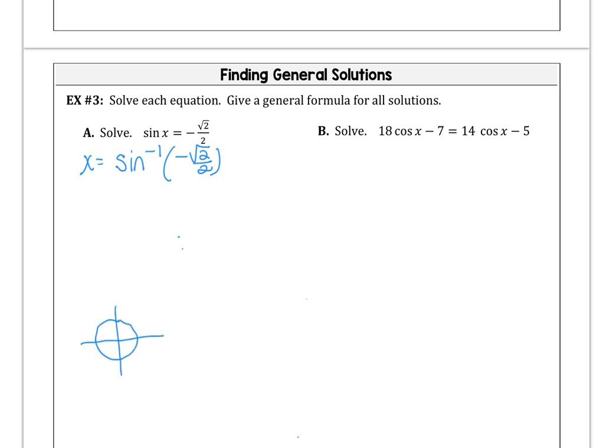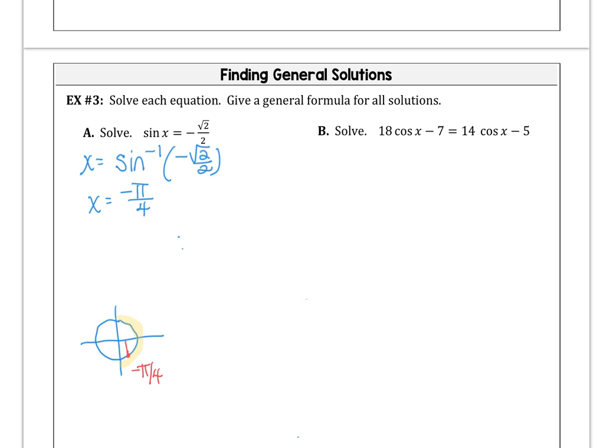We can only think about sine inverse between negative pi over 2 and positive pi over 2. Those are our restricted areas. And I can think of the first one is going to be down here at negative pi over 4. So the first angle measurement would be negative pi over 4.